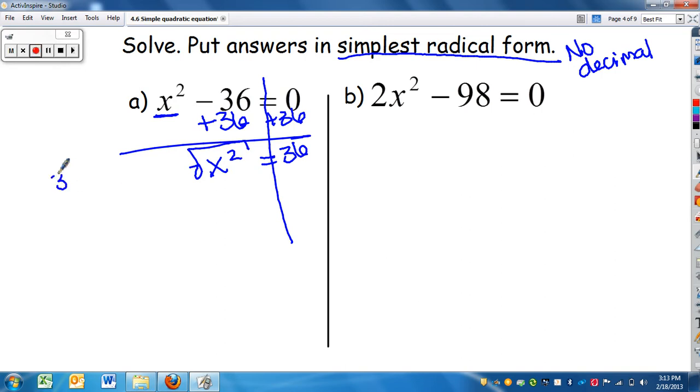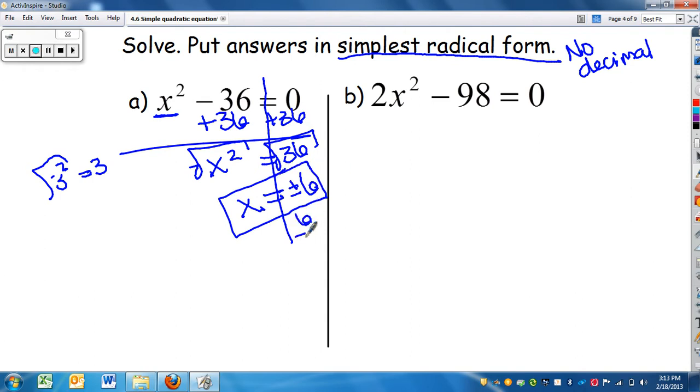If you had 3 squared and you undid that, that would just be 3. So x, and then what we do to one side, we have to do to the other. So we have x, because they cancel each other out, and the square root of 36. Well, the square root of 36 is a perfect square, so that is 6, but remember there's two answers, so this is plus or minus 6. You need both answers, and again you can write it as 6 or negative 6.